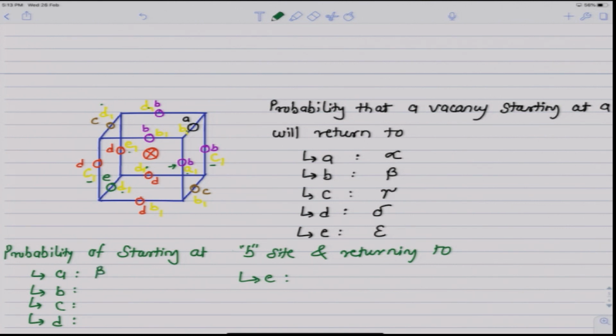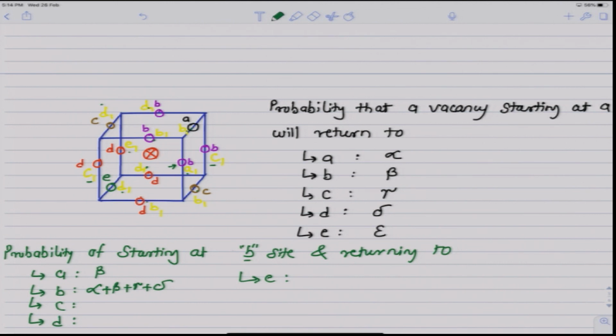And the probability of a vacancy starting at B returning to one of the B sites should be equal to the probability of a vacancy starting at A1 and returning to either one of the 4 B1 types of sites, which are originally A, B, C and D. So this probability should be alpha plus beta plus gamma plus delta.